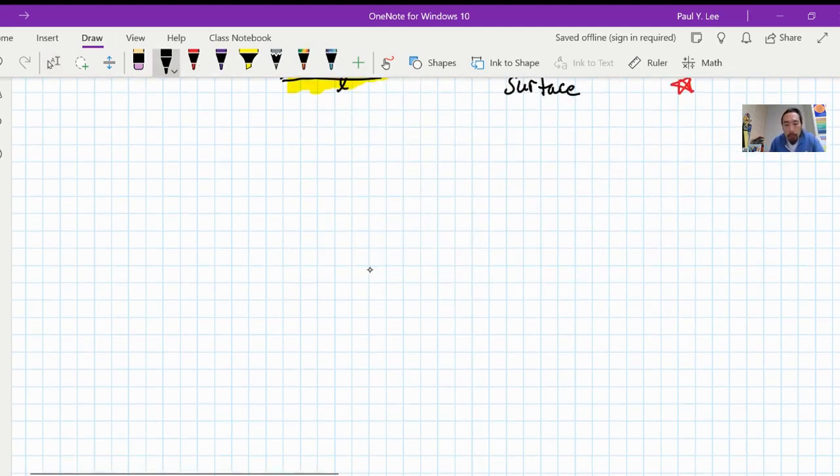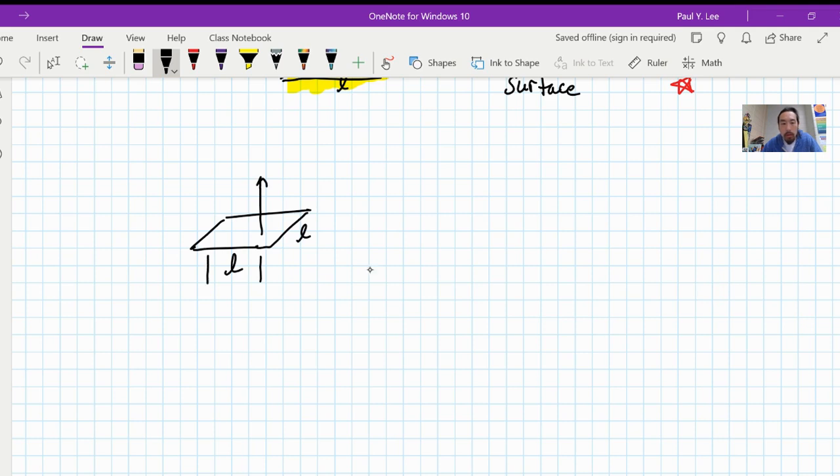So here's my example one. If I have an area here, and we'll just make this a rectangle or a square, length times length, and if I have my E field going through this area, I'm just going to draw a couple of E field lines. Don't want to make it too messy.